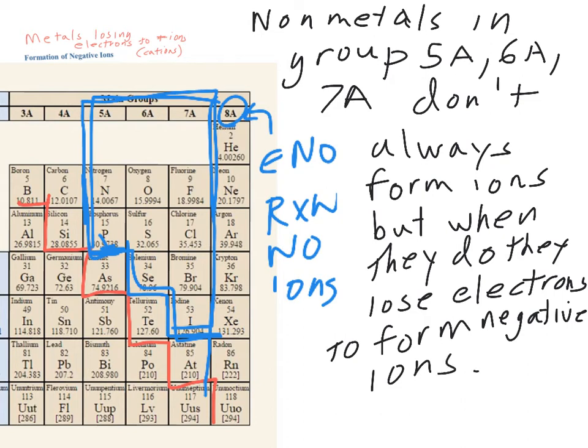Nonmetals in group 5A, 6A, and 7A don't always form ions, but when they do, they gain electrons to form negative ions.